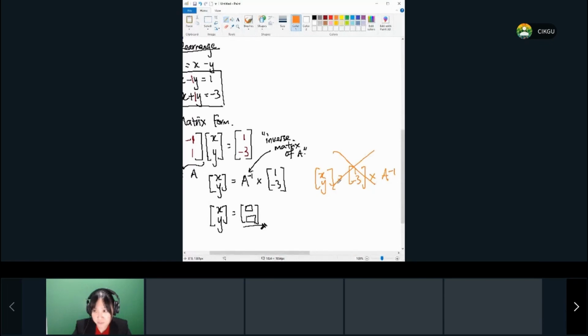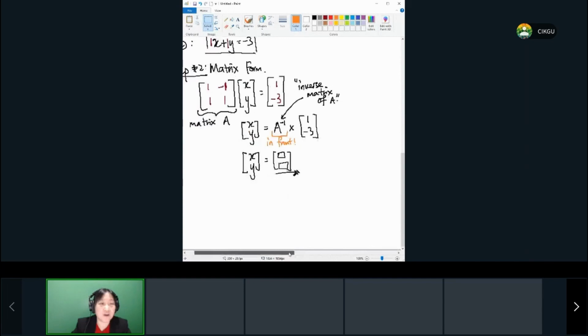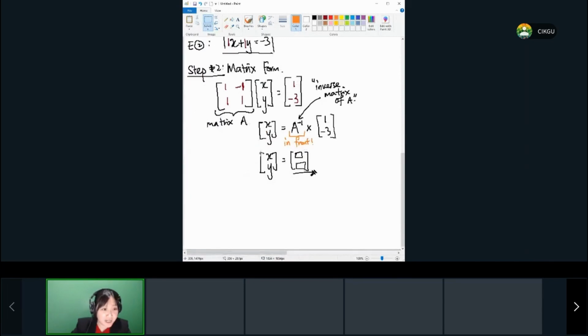I just want to point this out, very important. So this one must be in front of 1 and negative 3. If you understood that, from here onwards we can continue.